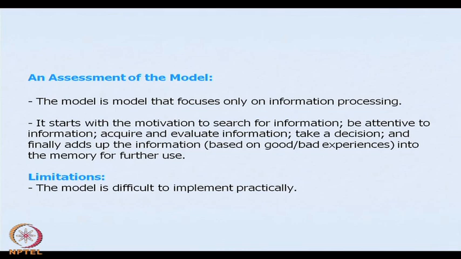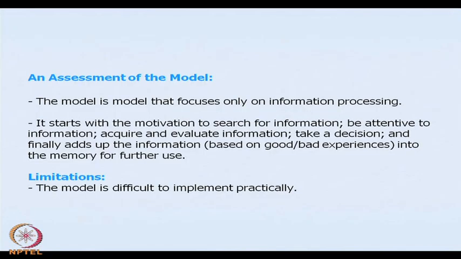It starts with motivation, the motivation to search for more information, be attentive to information. Now, when we speak about motivation to search for information, this motivation basically gives strength, direction and intensity to search for more information, and this will be based on the priority of goals or the hierarchy of goals or the needs, or prioritization of needs, which are more relevant to a consumer at a particular point of time.